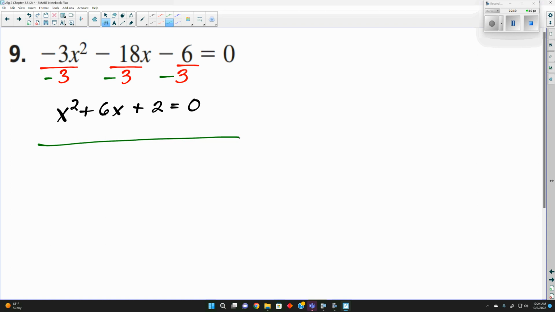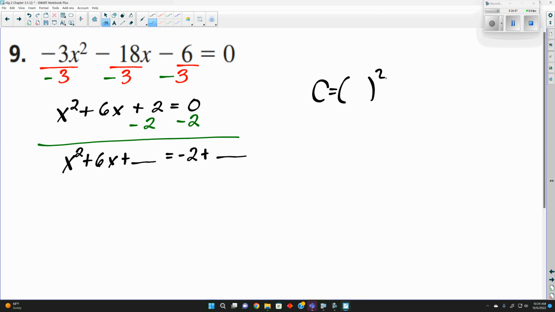So we need to get this constant term to the other side. Subtract 2 from both sides. Now we'll get x squared plus 6x plus blank is equal to negative 2 plus blank. Now c is equal to b over 2 squared. What's the value of b? 6 divided by 2 is 3.